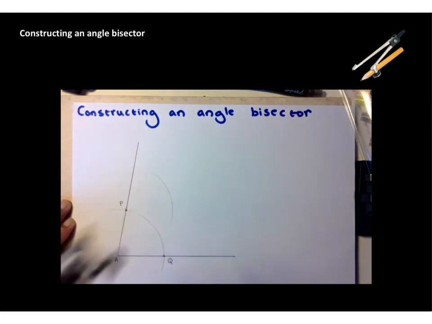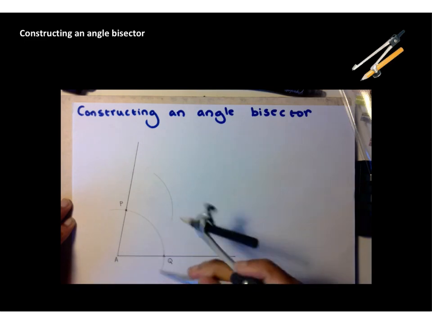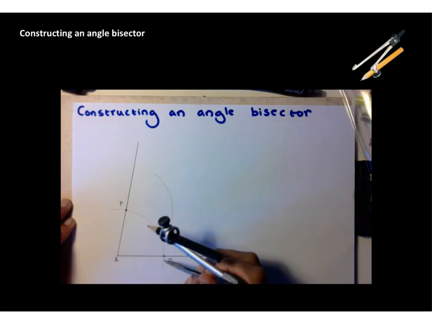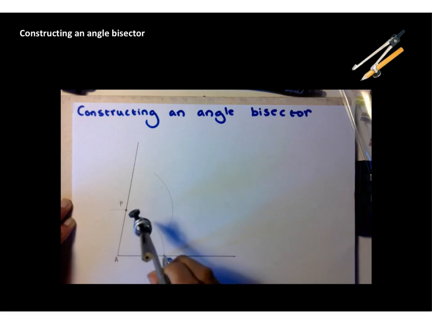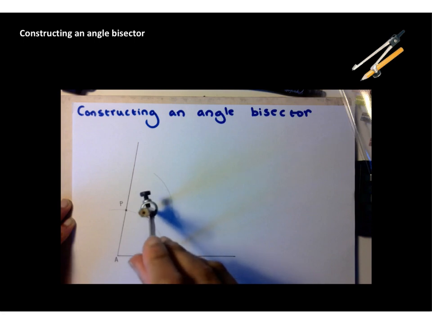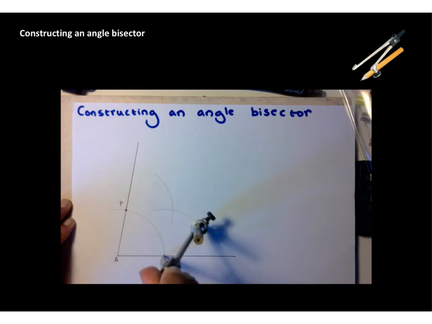So again, this could be a circle if I drew the whole thing, but I'm not going to. Now again, I'm going to keep my compasses set as they are, not changing the width, and I'm going to put my pinpoint at Q, like that. And I'm going to draw another arc which will cross over the one that I've just drawn, and they intersect like that.